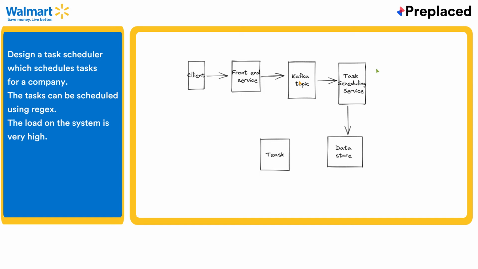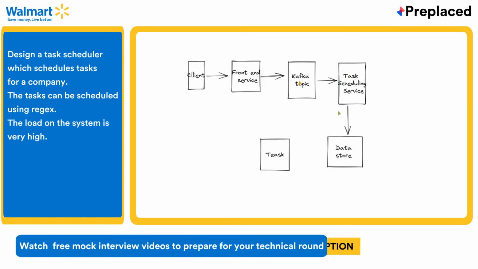I'm just asking you a question. If you have two topics with multiple partitions, and you have one topic with multiple partitions, and your load is very high, that is given, right? Which one will you take? How will your task scheduling service work and how can you scale?